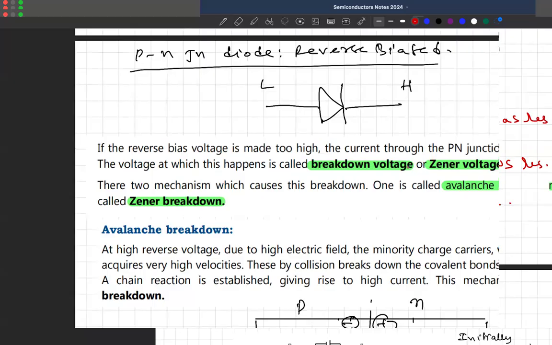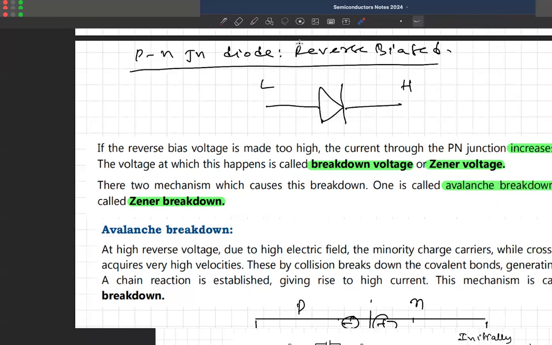PN junction diode under reverse biased mode. What is your first observation?